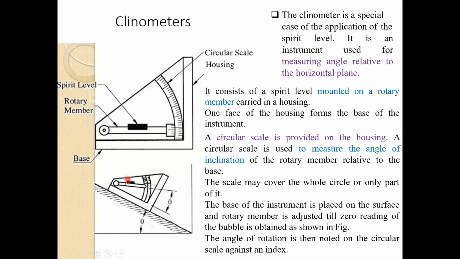When the bubble is at zero, you measure the angle against the circular scale. That angle becomes the angle of the incline. Here is the flat surface and here is the position of the bubble; from this position to this horizontal surface, that is theta.